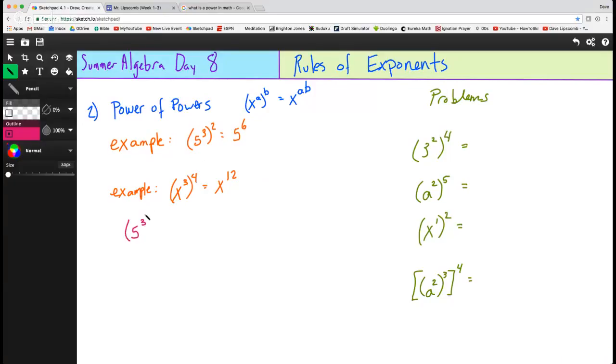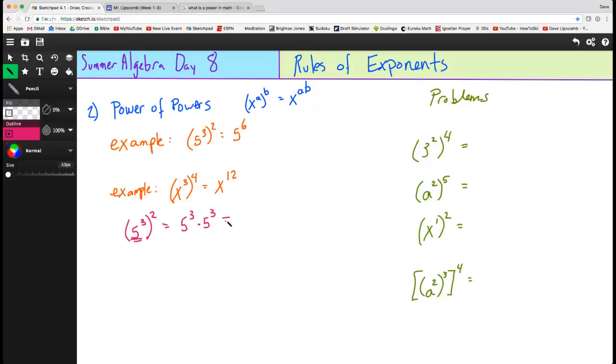5 to the 3rd to the 2nd is the same thing. Let's break this down. Well, we take the inside thing and we repeat it, multiply it together 2 times. So this is 5 to the 3rd times 5 to the 3rd.